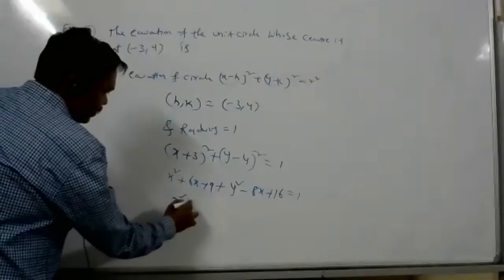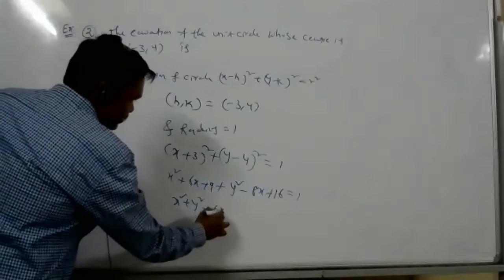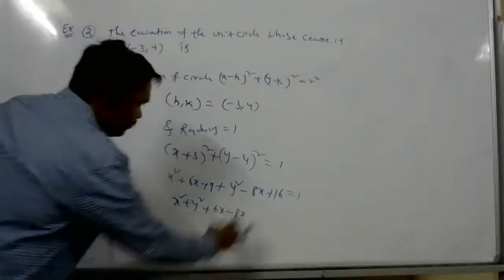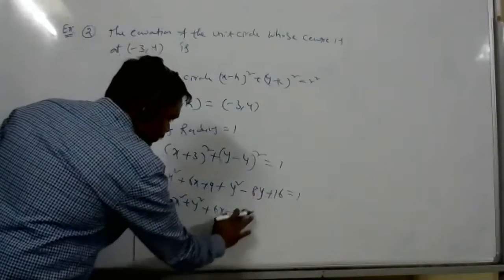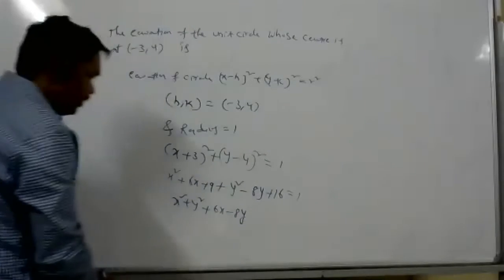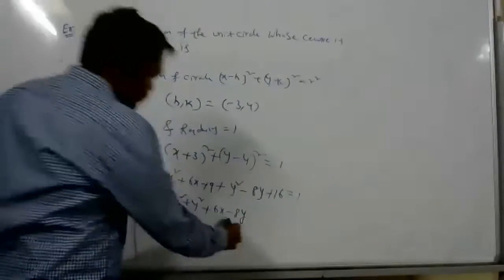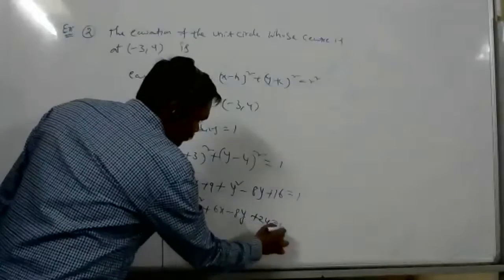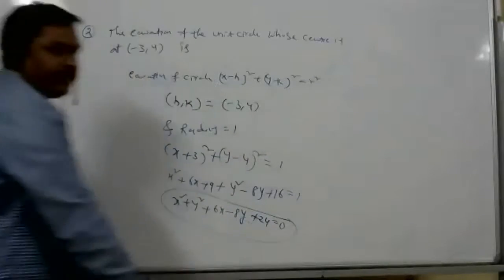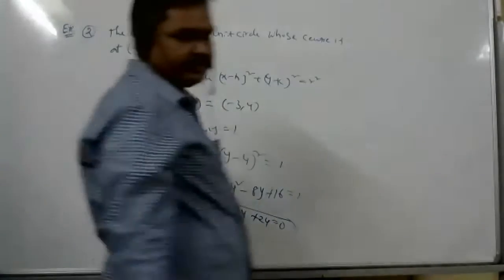Now x square plus y square plus 6x minus 8y plus 25 minus 1, plus 24, is the standard form of the circle.